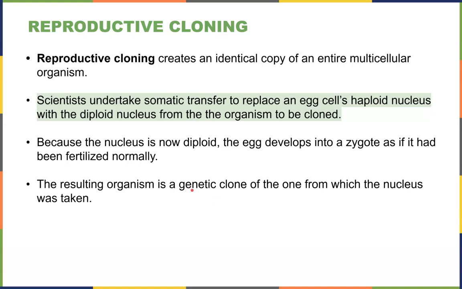So the resulting organism becomes the genetic clone. So it would be like taking the nucleus from a skin cell in your body, putting it into an egg, and since that DNA is the exact same as your DNA from your body, you get a whole clone.